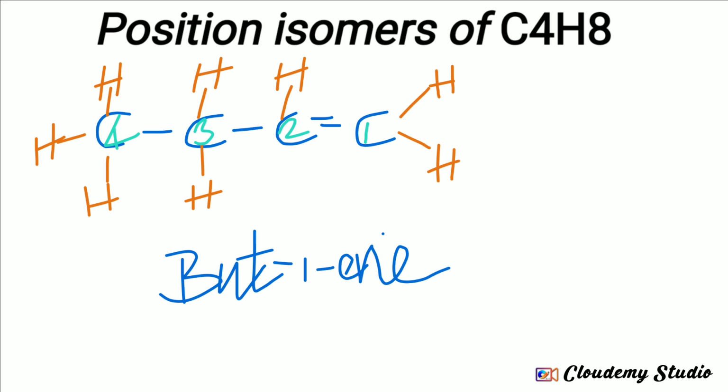So accordingly, we need to draw once again the carbon skeleton. That is, carbon skeleton is drawn. 4 carbon atoms in the main chain. Now we are shifting the double bond to the middle carbon atom.